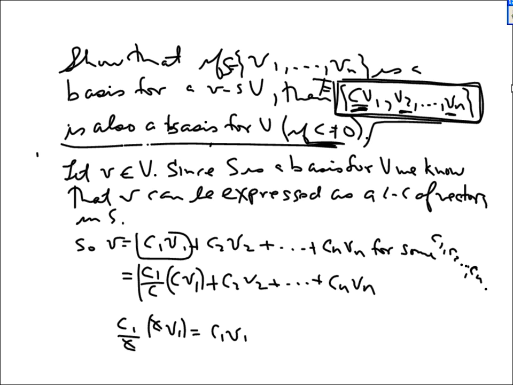So V is a scalar times this vector plus a scalar times that vector all the way down to a scalar times that vector. That is, V is a linear combination of the vectors in T. This scalar times the first vector in T, plus that scalar times the second vector in T, and Cn times the last vector in T. So V is in the span of T.